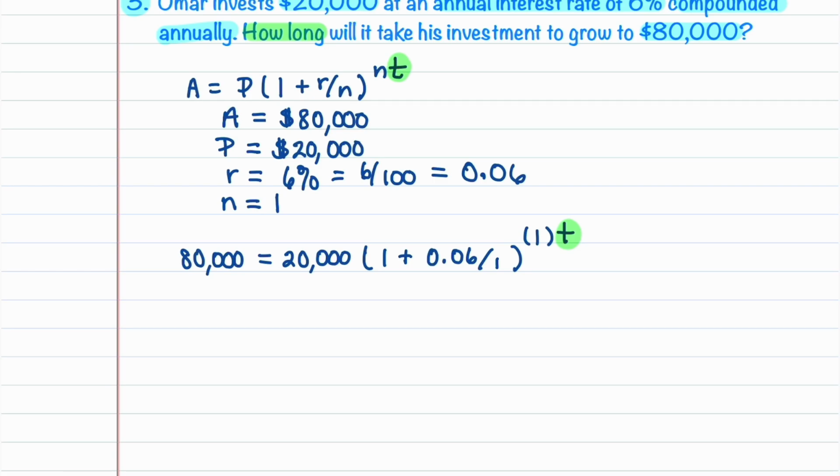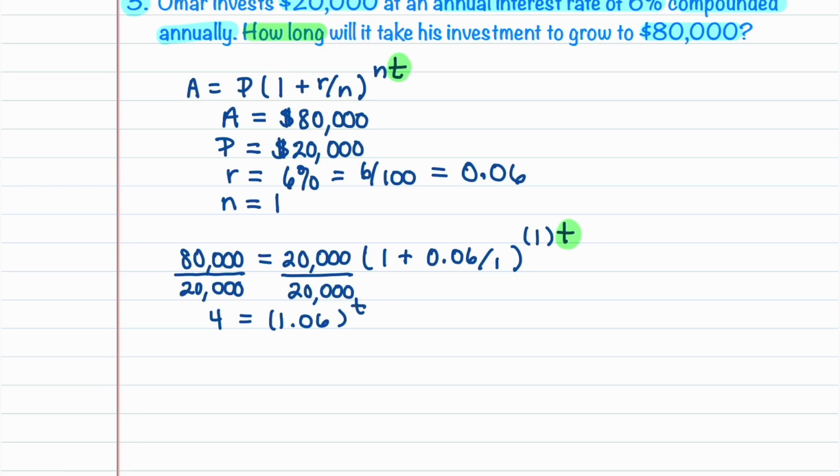Now let's go ahead and simplify. I think the best thing to do is to divide each side by 20,000. $80,000 divided by 20,000 is just 4. And then we have 1.06 raised to the t.